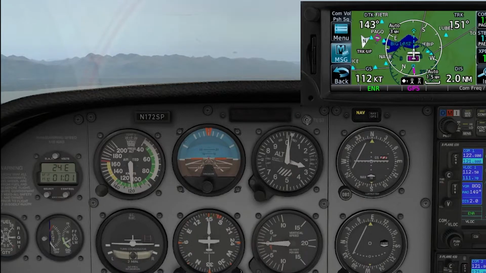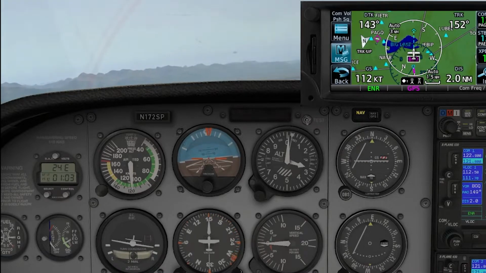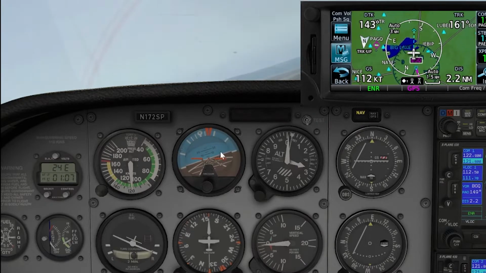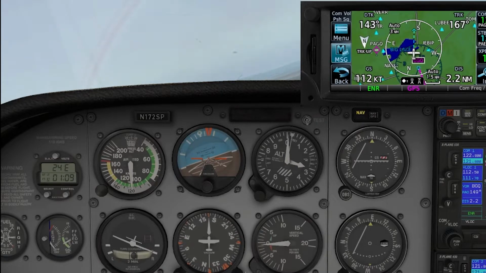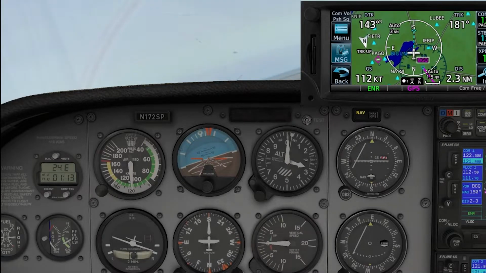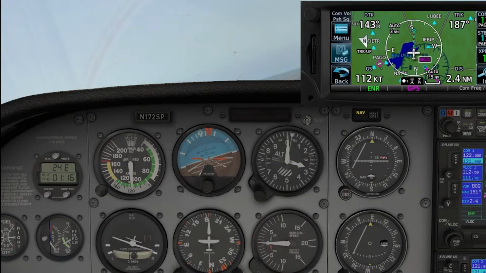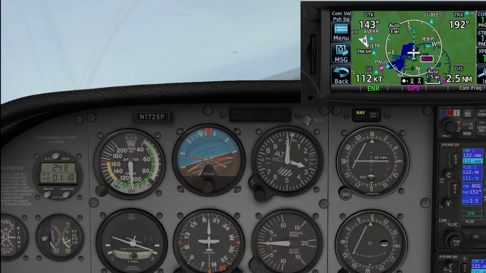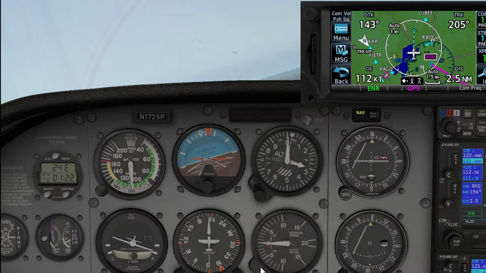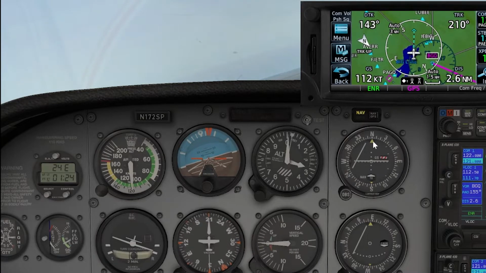So we're going to start our turn. This whole time, we're flying it by hand. We'd be making sure we're staying on the right speed, and altitude is the biggest thing, based off the clearance we got for that altitude. Keeping the standard rate turn to north. It's tuned in properly to north.